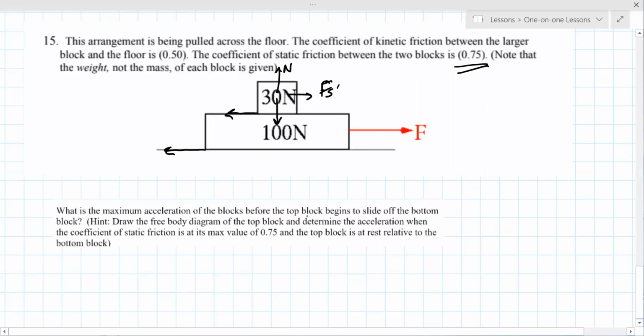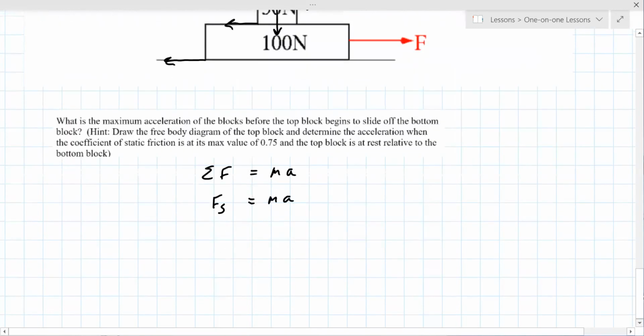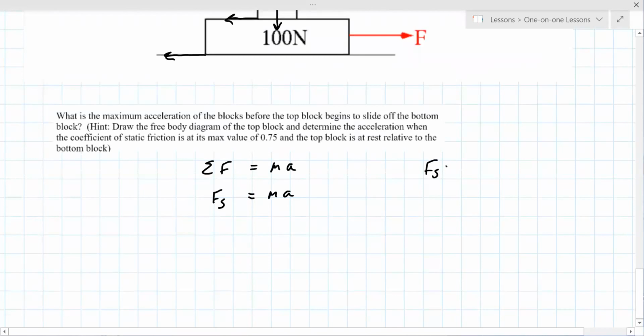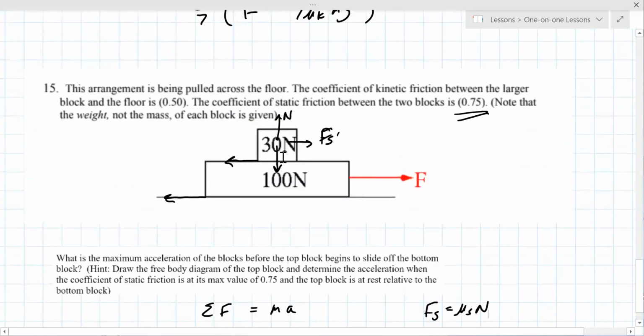So the sum of the forces equals mass times acceleration. So we know that the only force is this Fs, and this equals mass times acceleration. Now Fs is equal to mu s times n, and the normal force must equal the mg down.